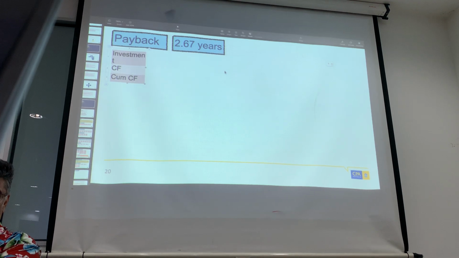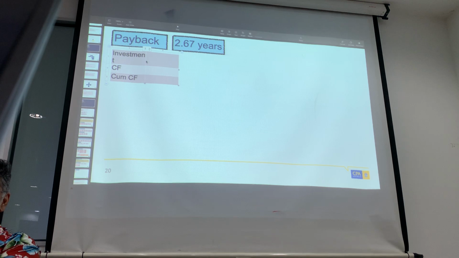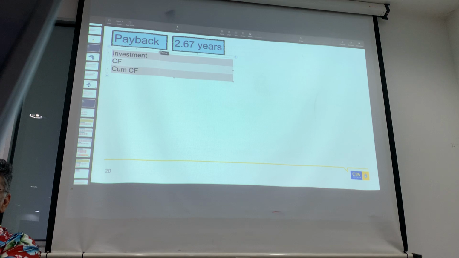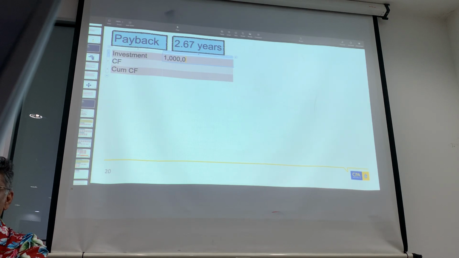You can do the long way. But because the cash flow is the same, we can do a kind of short modification that goes something like this. 1 million, then annual cash flow.